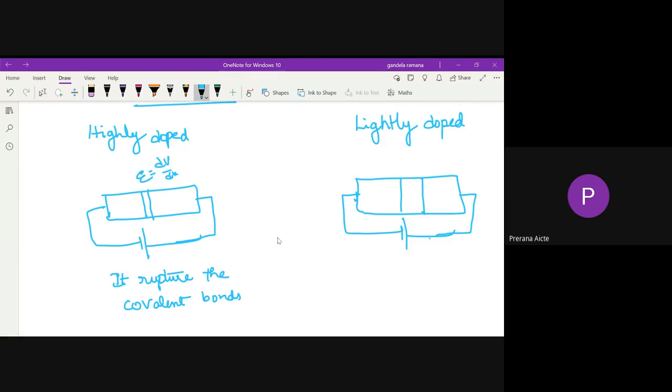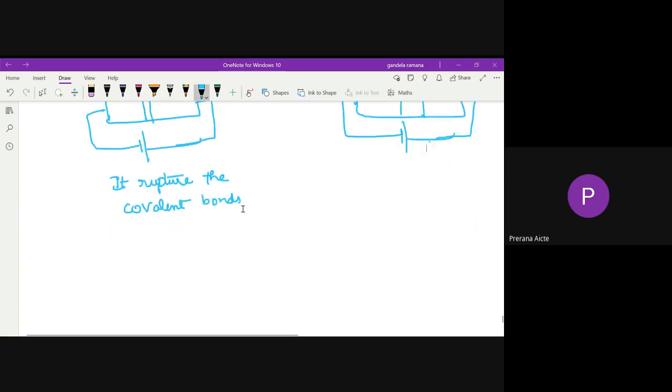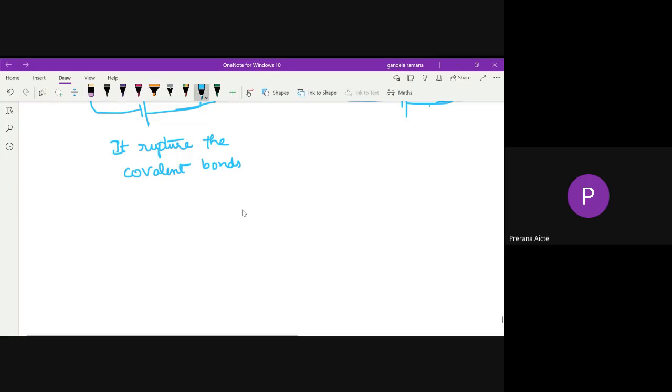Okay, so in Zener breakdown, breakdown is due to direct rupturing of covalent bonds.